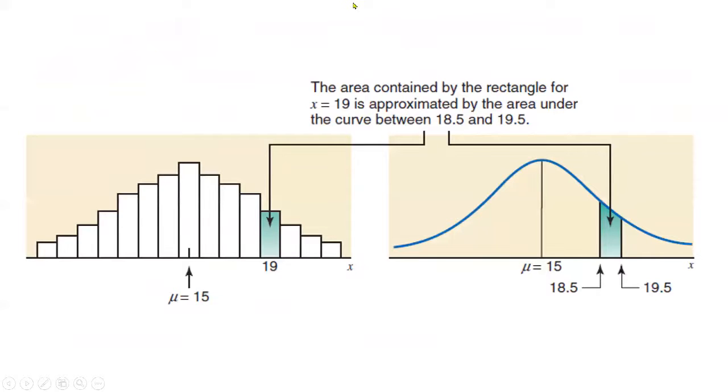Okay. Remember that originally we are looking for a discrete random variable whose probability is the probability of the discrete random variable being 19, right?